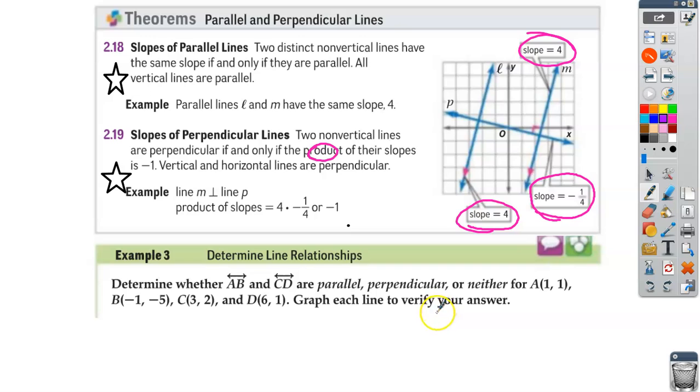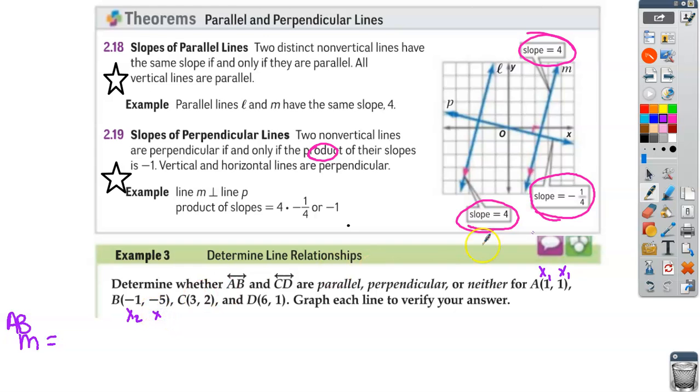In this case, we have to determine whether line AB and line CD are parallel, perpendicular, or neither. So let's first find the slope m of line AB. A is at positive 1 and positive 1, and B is at -1 and -5.